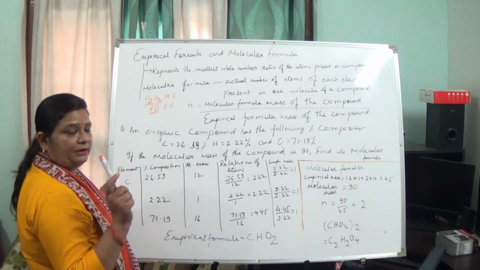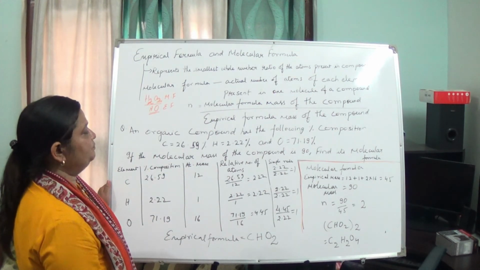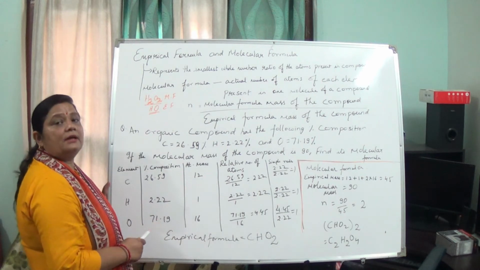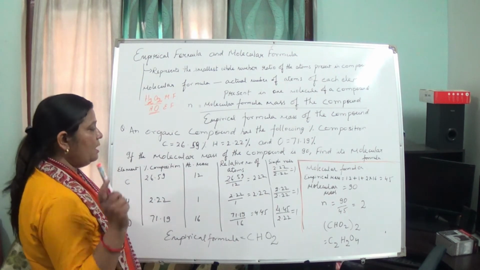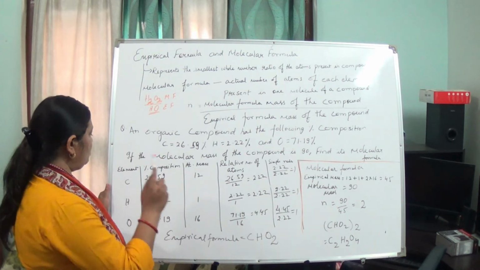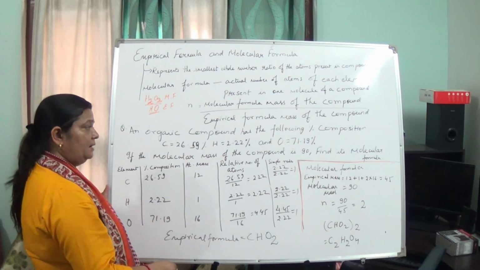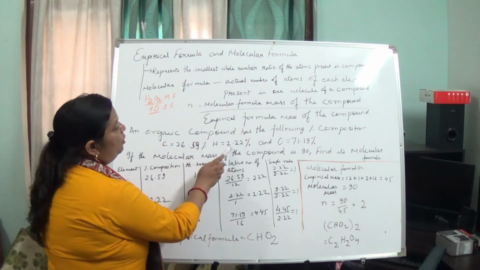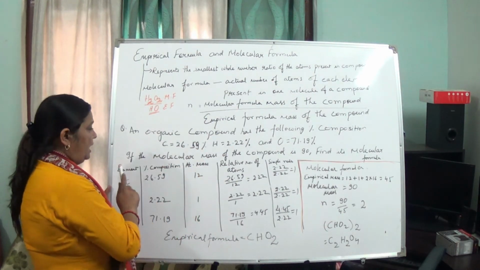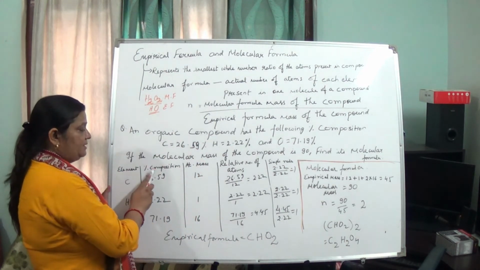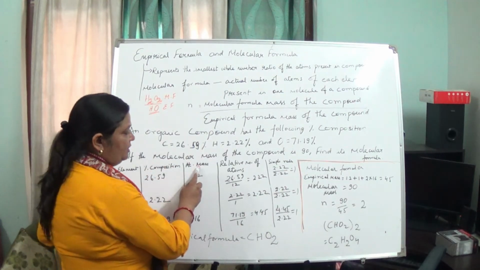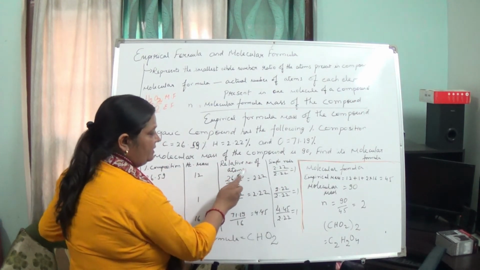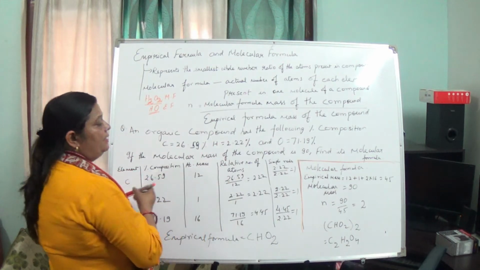So first we are going to take out the empirical formula. For that, just make columns and arrange all the things given in the question: element, percentage composition, atomic mass, relative number of atoms, and simple ratio.